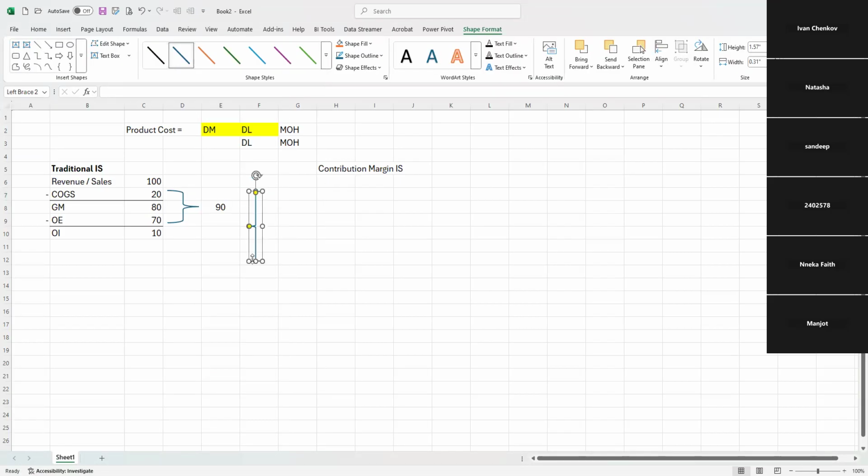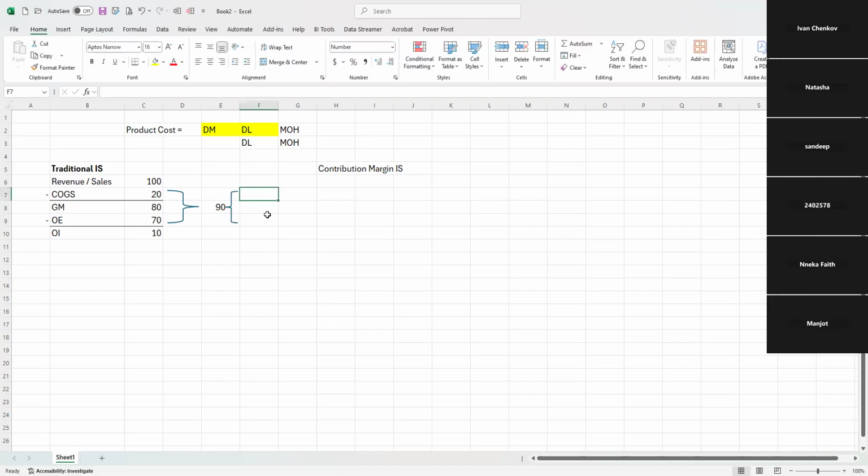Nothing else. There are no other options for those 90. But in total, can I change them? No, I'm not going to change the total. The total is always going to be 90, regardless of how they behave.